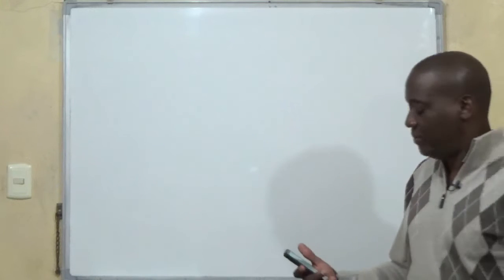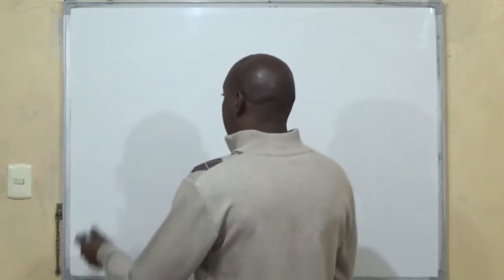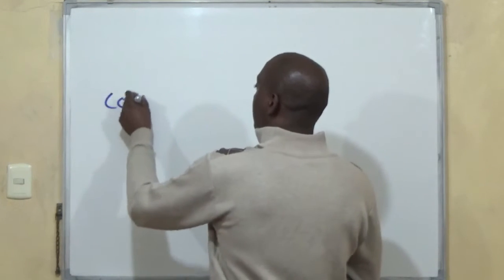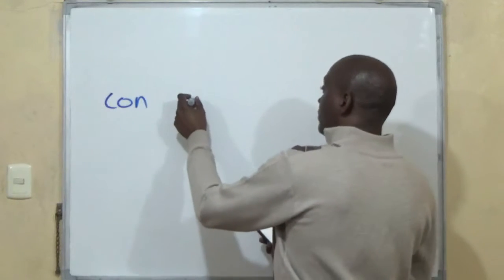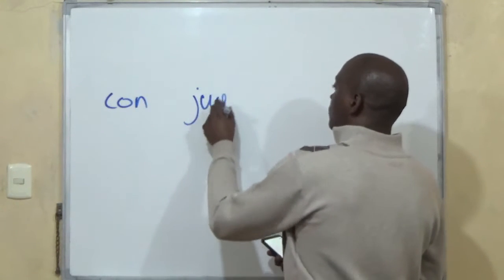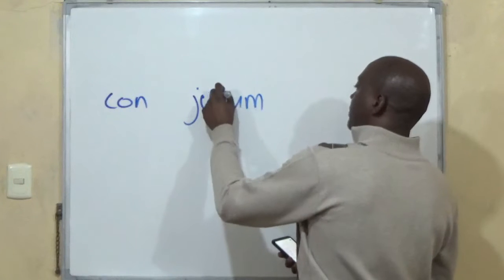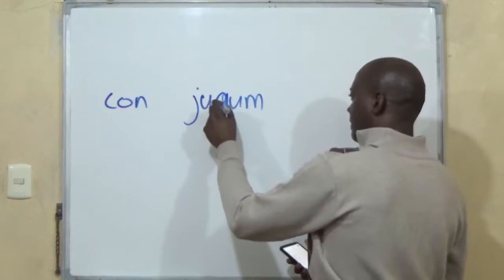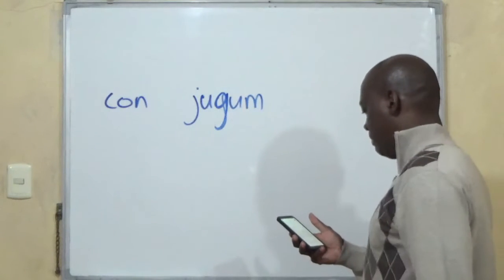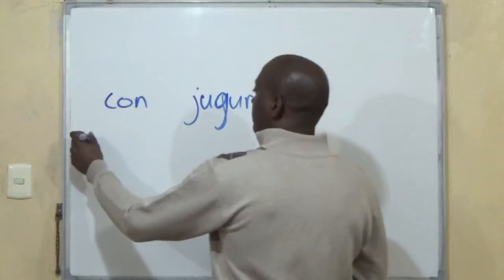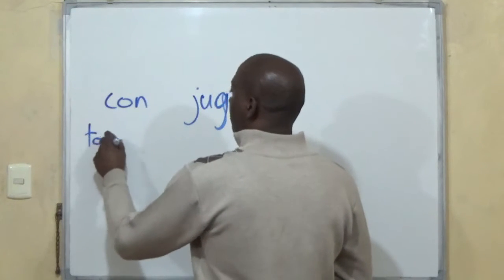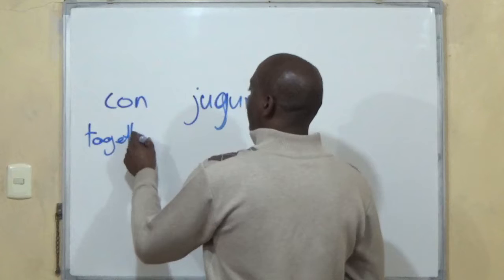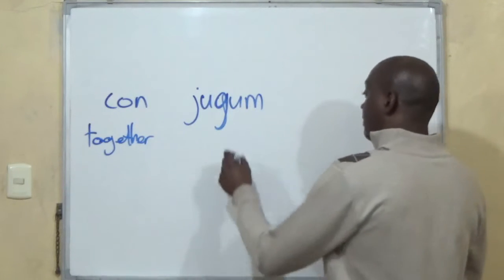The root of the word is Latin. So you have con, and you have jugum, not sure what the pronunciation is. Con is together, and jugum is to yoke.